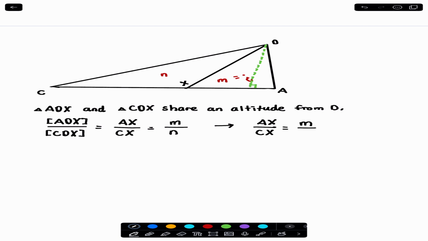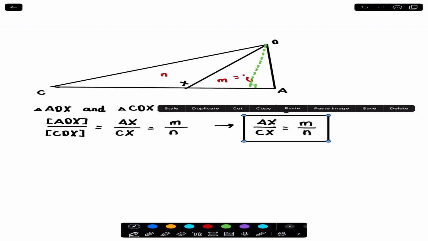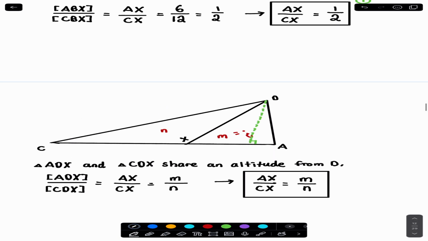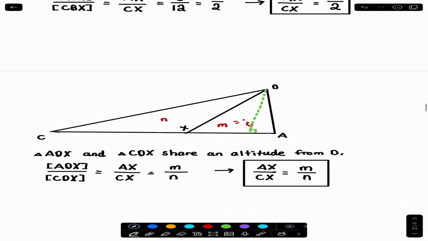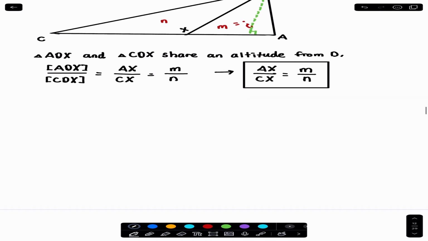If we know that AX over CX is M over N, but we also know that AX over CX is 1 over 2, well, guess what? We can set them equal to each other. This means 1 over 2 equals M over N. So N is equal to 2M.